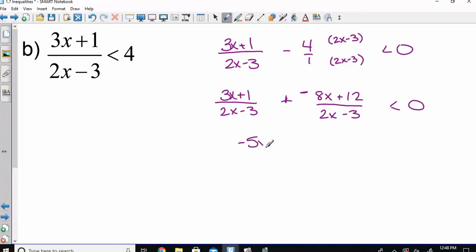So positive 3x and negative 8x is negative 5x. 1 plus 12 is 13. So now we have to set the top and the bottom equal to 0.